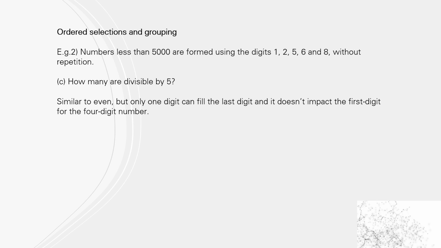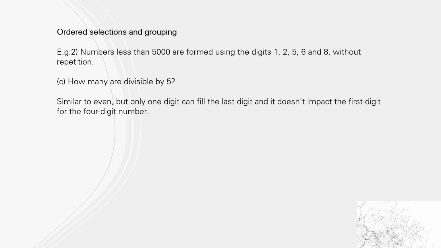Now for the final one, how many are divisible by 5? This is where I was saying sometimes your group can have just one number, because in this case it has to end in a 5. So we've got a group of 1. This is similar to our even, but only 1 digit can fill the last position. And it doesn't impact the first digit for the 4-digit number.